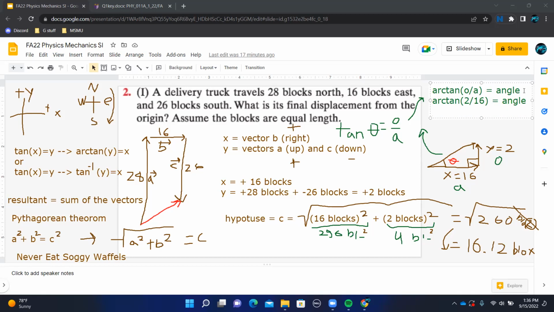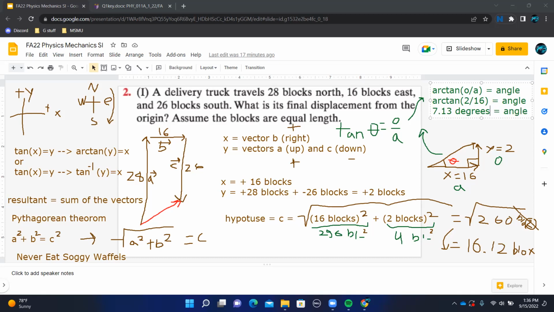And then if you plug that into your calculator, it probably looks like tangent to the -1. That's gonna give you 7.1125, which I'm gonna put as 7.13. And this is usually in degrees.